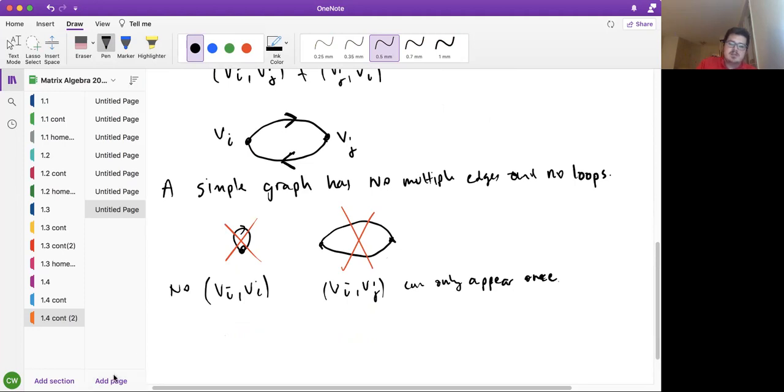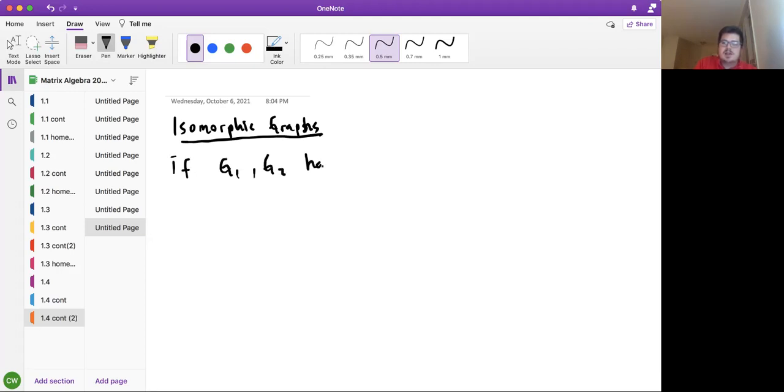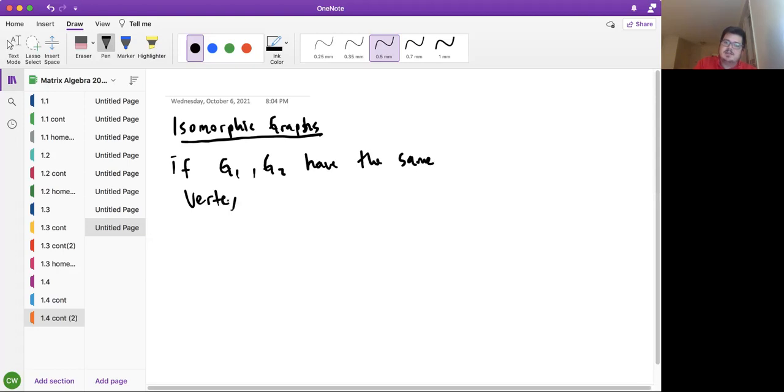All right, so one other thing is isomorphic graphs. If G1 and G2 have the same vertex and edge set, they are called isomorphic.